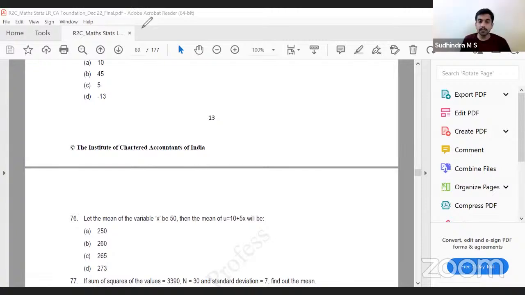Now they have given us u is equal to 10 plus 5x. They're asking us the arithmetic mean u bar. So can I say u bar is equal to 10 plus 5 into x bar? Yes. They have given us x bar as 50. 10 plus 5 into 50. 50 into 5 is 250. 250 plus 10 is 260. That is question number 76.